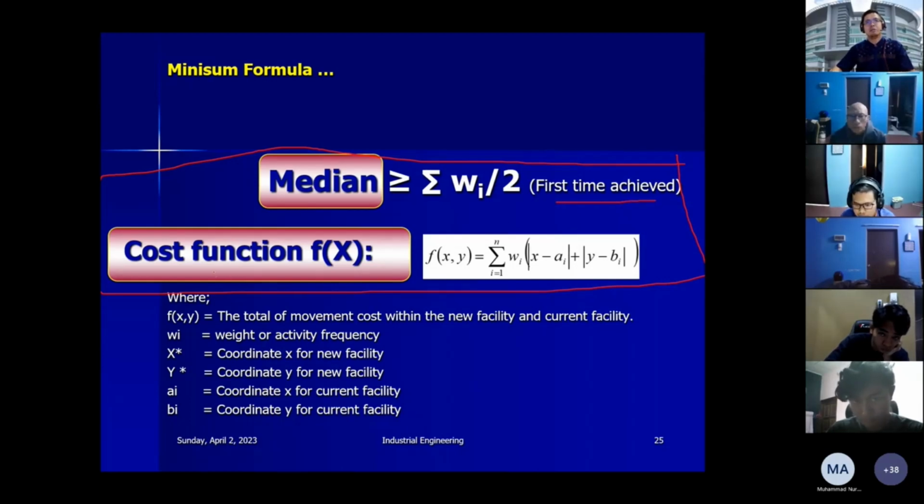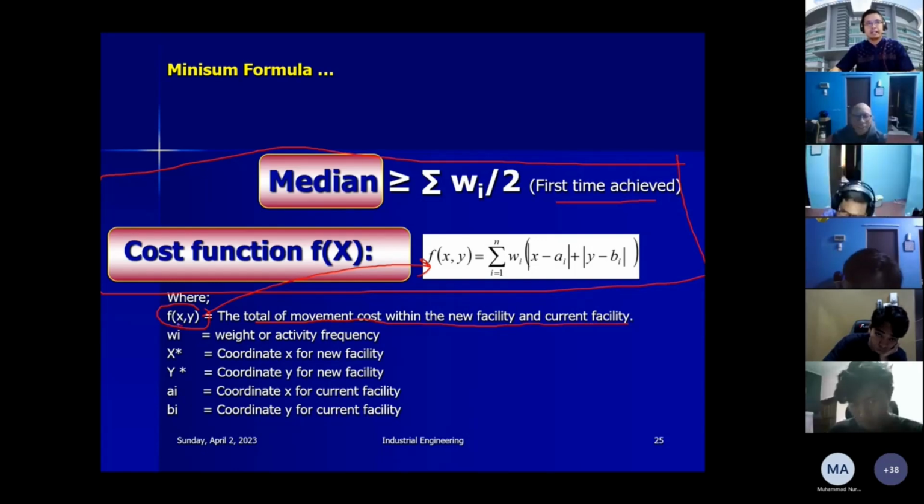And in order to find the cost function f(x), we have the coordinates x and y, sum of the wi, in brackets, absolute value of x minus ai plus absolute value of y minus bi. So what is f(x) here? This is f(x, y), the total movement cost between the new facilities and the current facilities. Meanwhile, wi is the weight of the activities, or activity frequency.